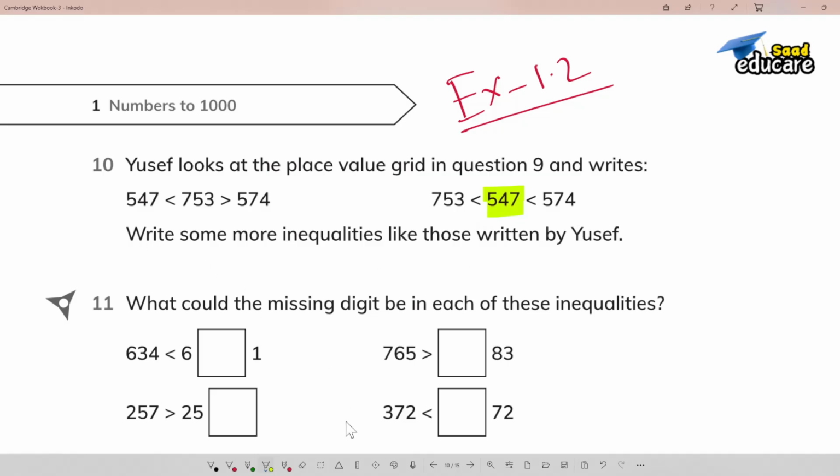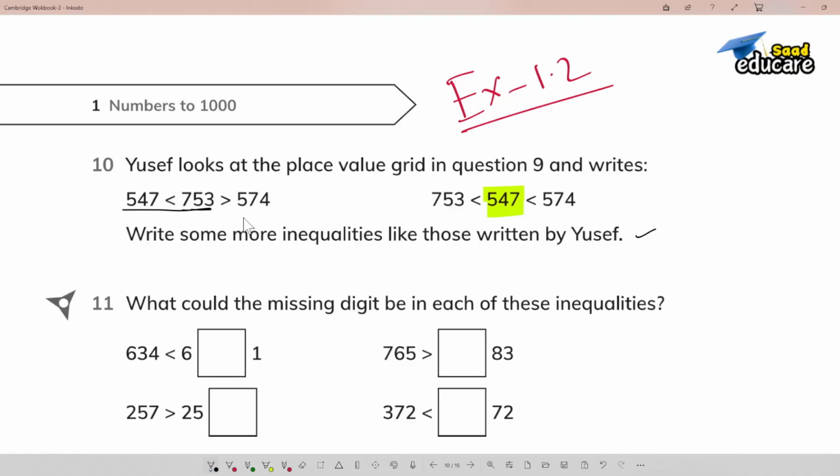Write some inequalities like those written by Yusuf. First one is here, 753. 547 is less than 753 and 753 is greater than 574.